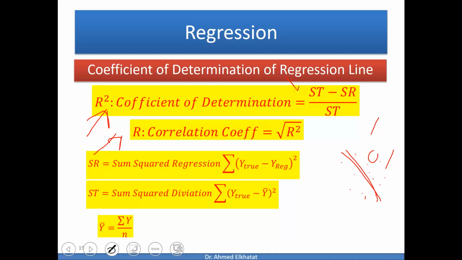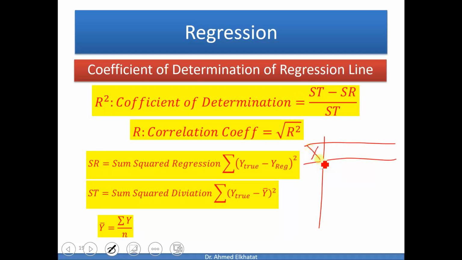Using ST minus SR over ST. What is ST and SR? ST is the summation of squared deviation. It is ST because it's used with Y. So now let's say you have X, you have Y, and based on the coefficients A and B, you have Y regression.